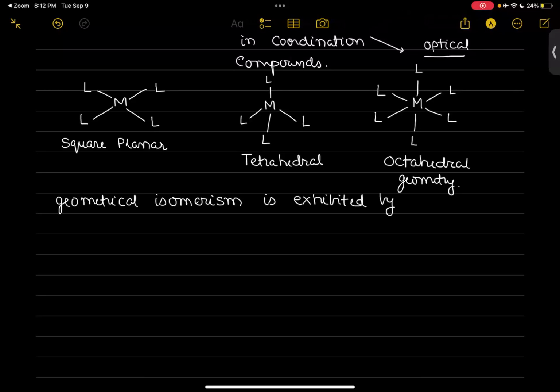Heteroleptic coordination compounds. Yeah, heteroleptic, that is a very important point, very good point. Yes, exactly.